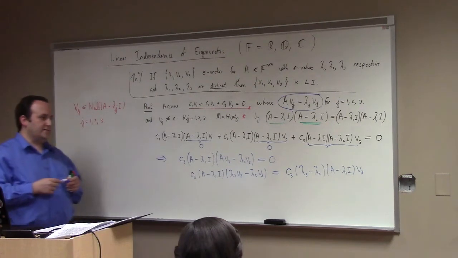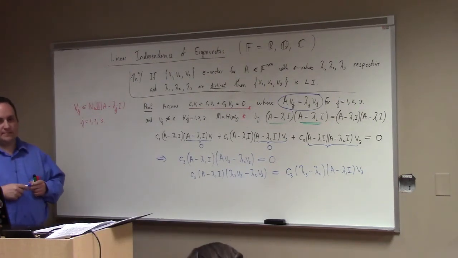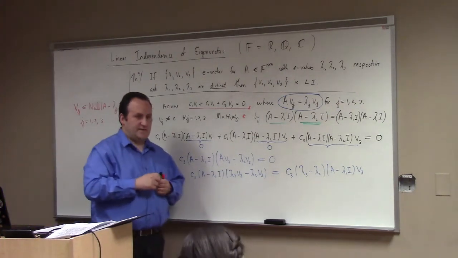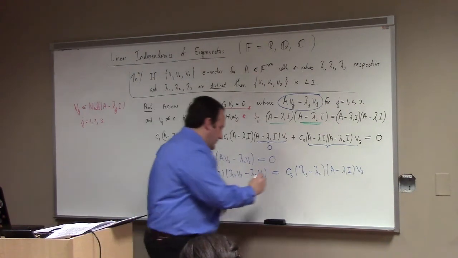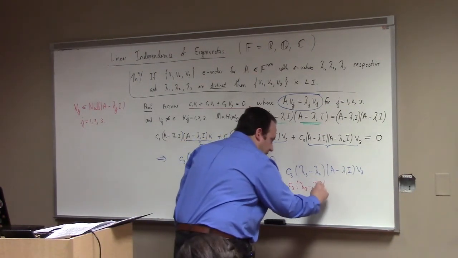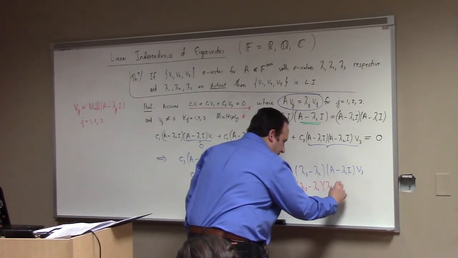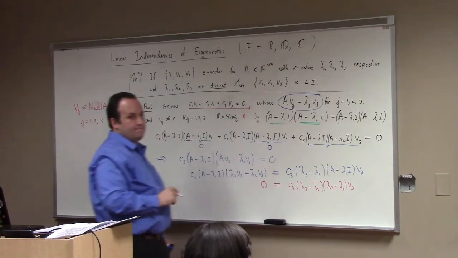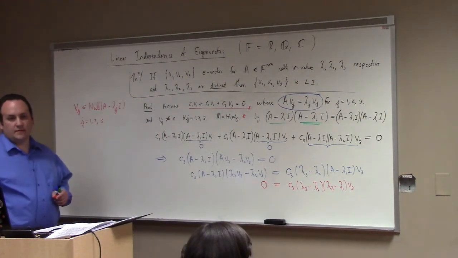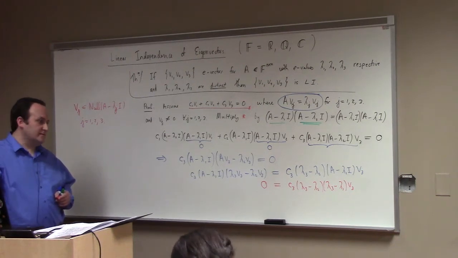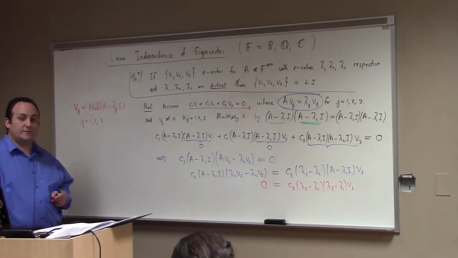What happens when we multiply v3 by that matrix? By almost the same calculation, we get that c3 (lambda 3 minus lambda 2)(lambda 3 minus lambda 1) v3 is 0. So what does this tell us about the eigenvalues?